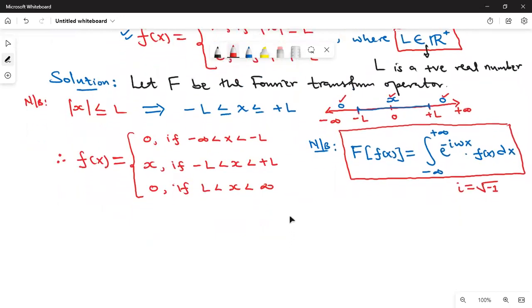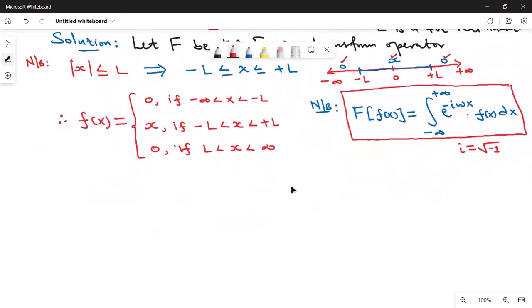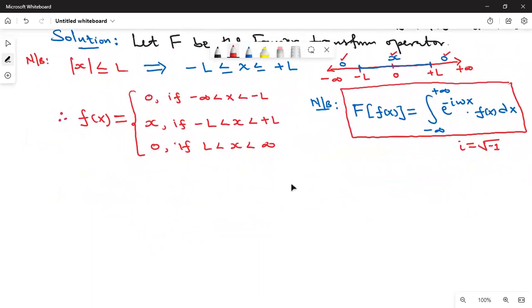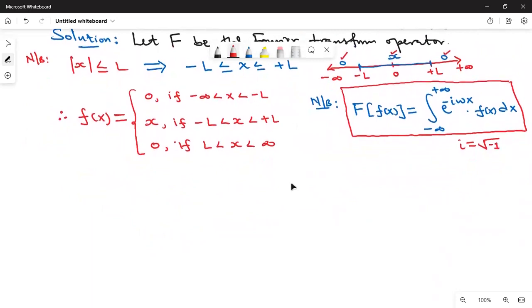Now, our f of x is piecewise, so we break down this integral from negative infinity to positive infinity into three parts: negative infinity to negative L, negative L to positive L, and positive L to positive infinity.